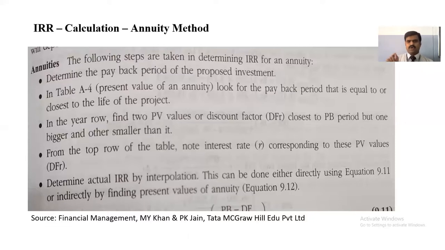And from the top row of the table, you have to write down the interest rate where it is coming. So it can be 10% and say 12%. Write down 12%, and then write down 10%.